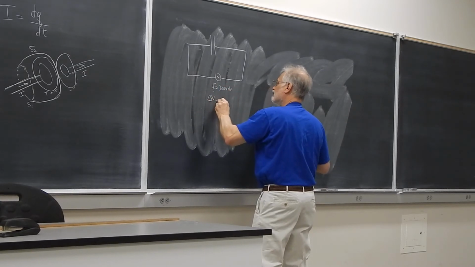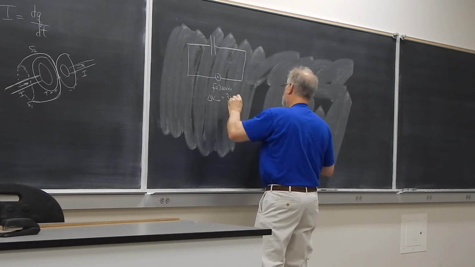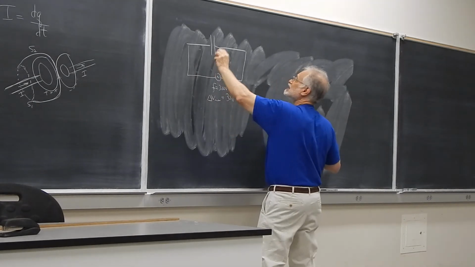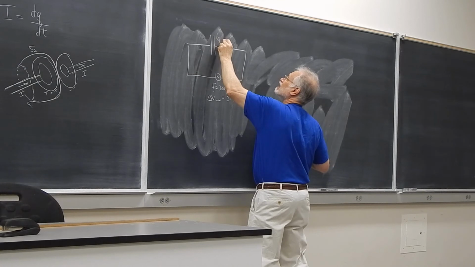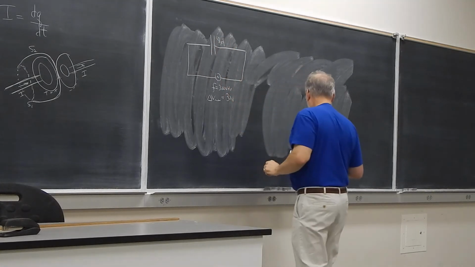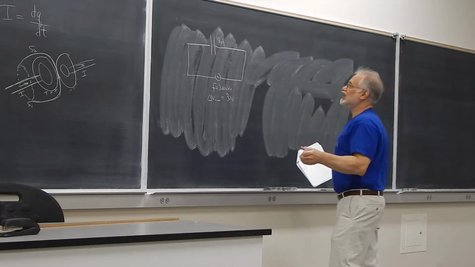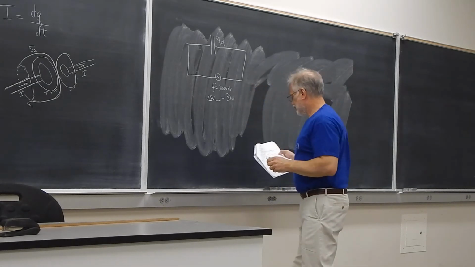The maximum voltage is 30 volts. And I have a capacitor that has a value of 8 microfarads. And the question is, can we find the displacement current in the capacitor?